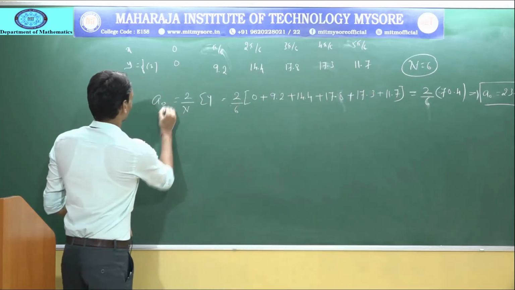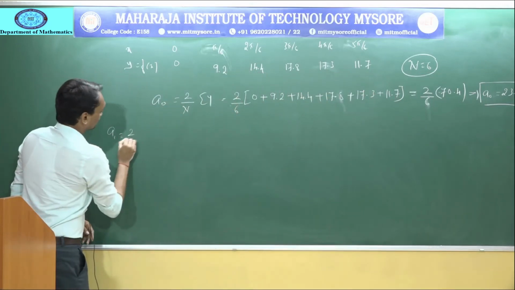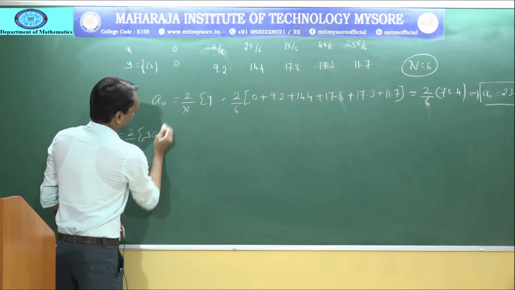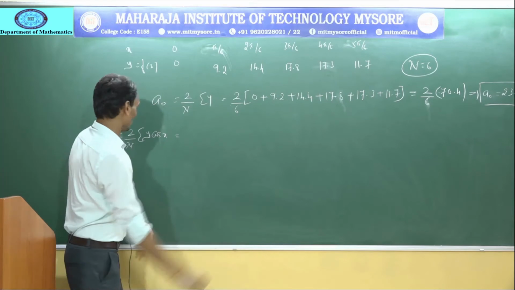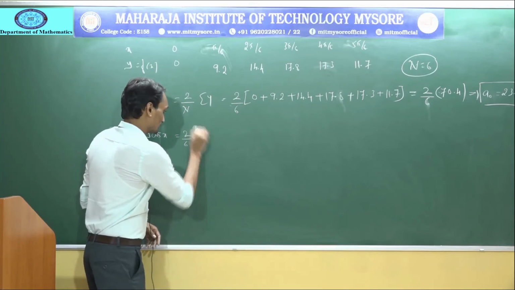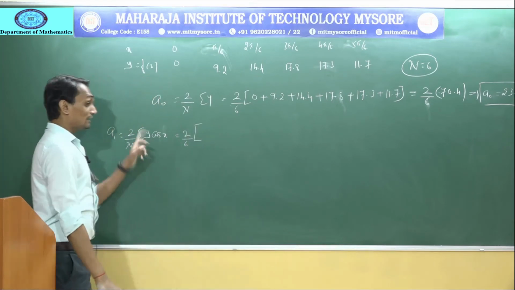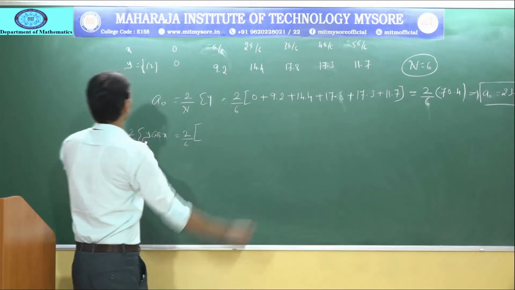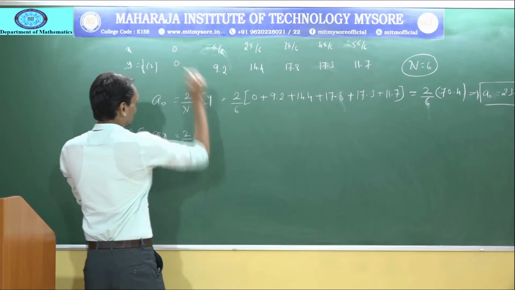Now I will write the a1 value. a1 equal to 2 by n into summation of y into cos x, which is equal to 2 by 6. Take a bracket. Now multiply the y and x values correspondingly. When y equal to 0, x is also 0.